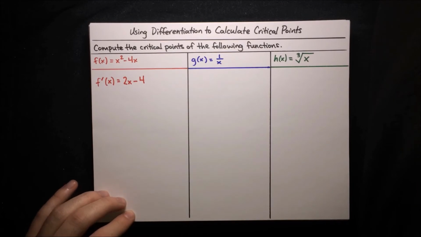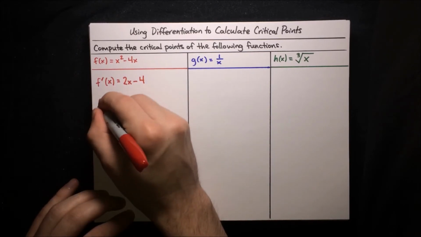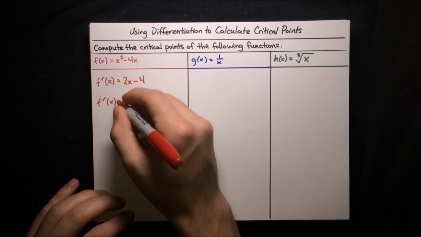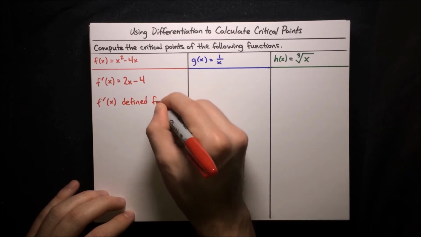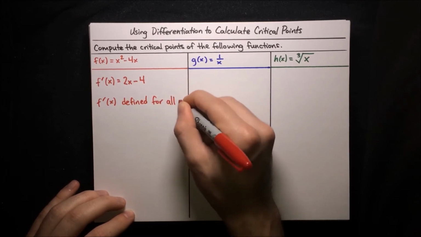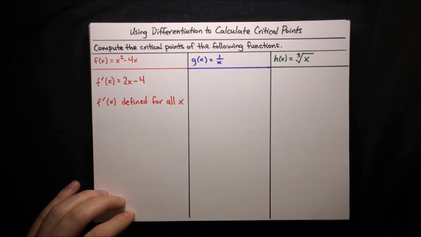And we see that f prime of x is defined everywhere, so there aren't any critical points due to the derivative being undefined.